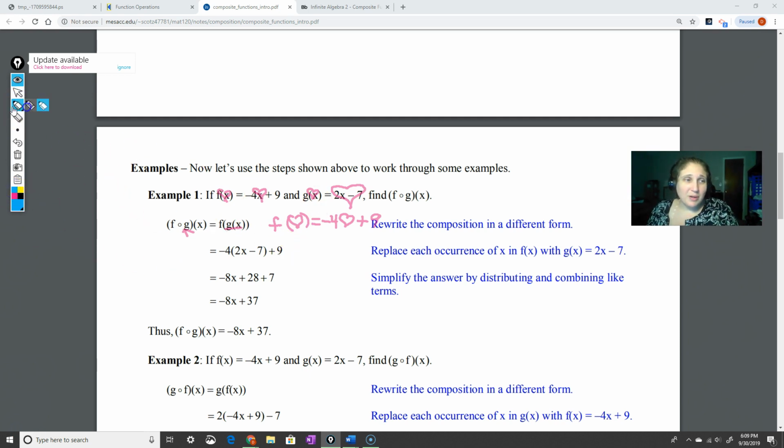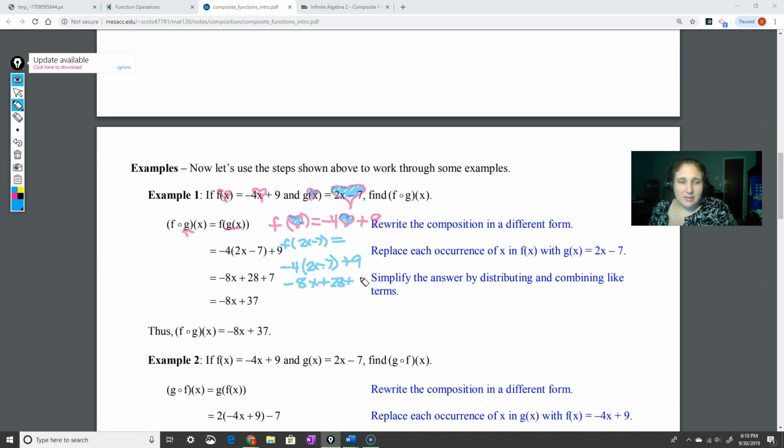So instead of just putting x or a number, I'm going to write f of 2x minus 7 equals negative 4 times 2x minus 7 plus 9. Because all I did is I took this pink heart here, put it in this here, I matched this one with this one. That's all I did. So then I solved negative 4 times positive 2 is negative 8x. Negative 4 times negative 7 is positive 28.